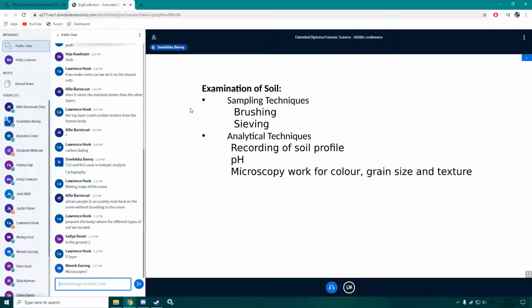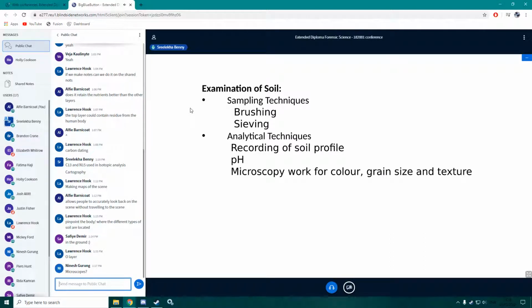And again, do you use anything else? Only microscopes? Okay, no one is responding. So I will say it's spectroscopes.